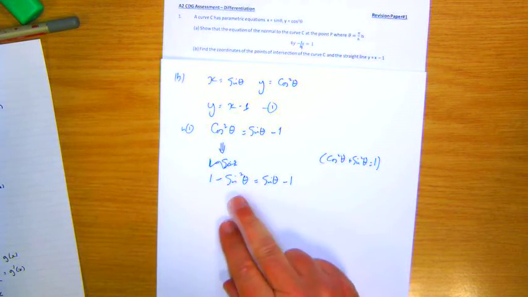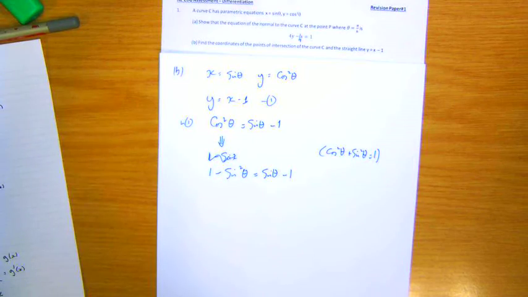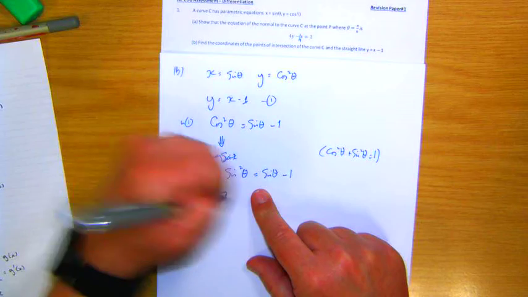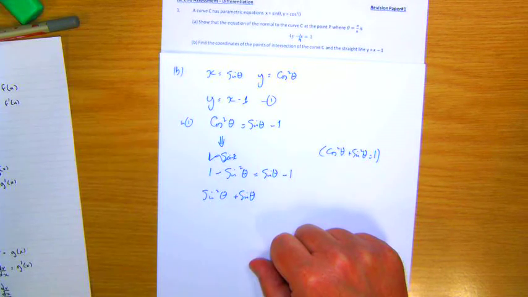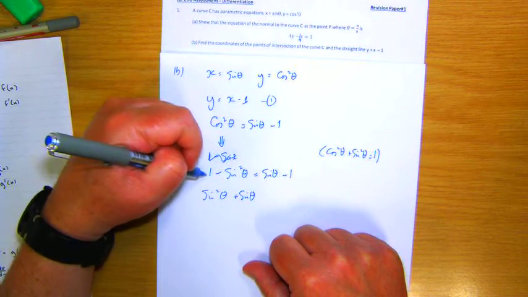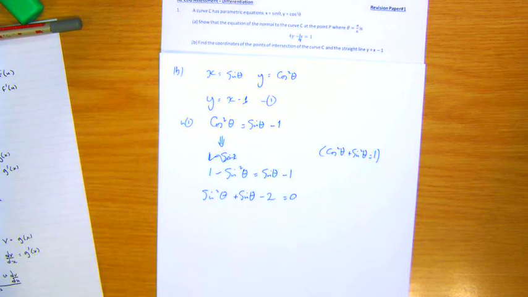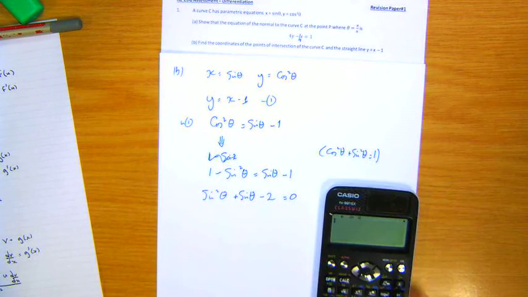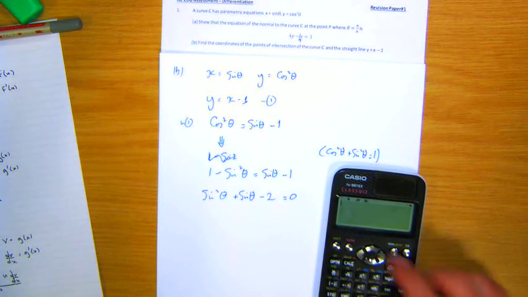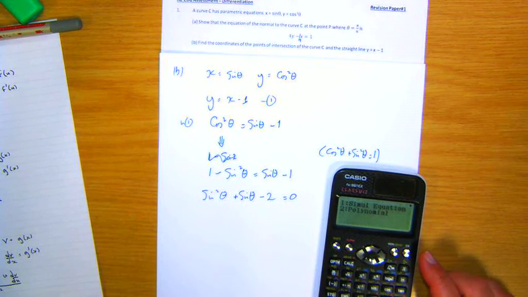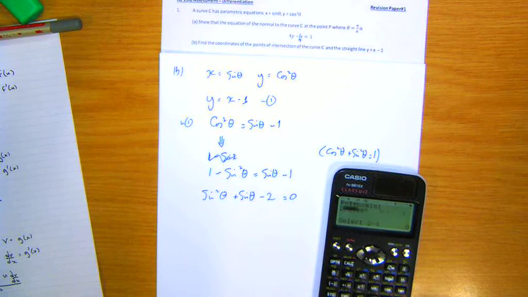Okay, so now I'm looking at possibly a quadratic. Take the negative sine squared over, I get sine squared theta plus sine theta minus 2 equals 0. This is a quadratic of degree 2.